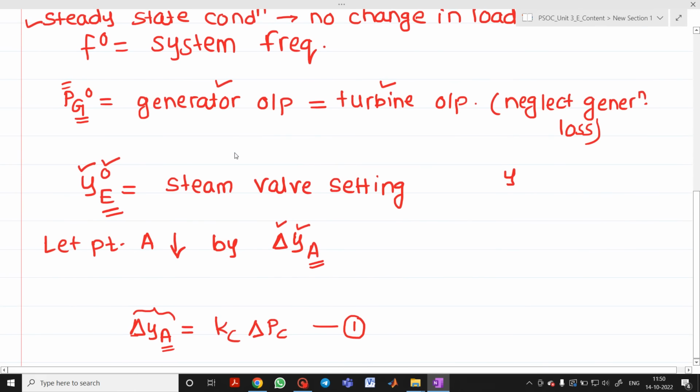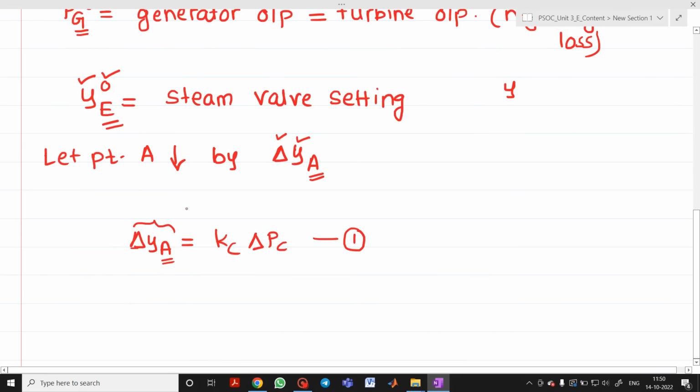So here if we see the equation, delta YA will be equal to Kc into delta PC. What is this delta PC? Here we can say this delta PC is nothing but the commanded increase in the power.